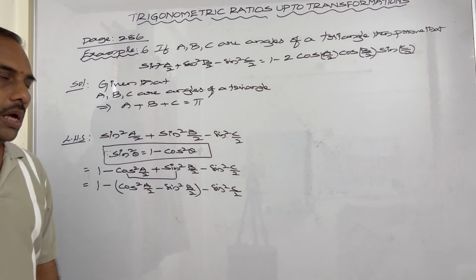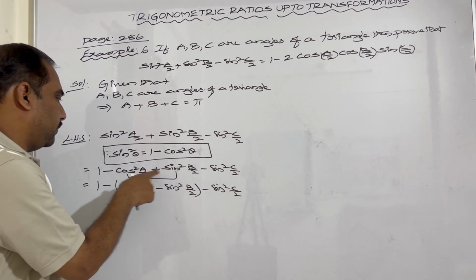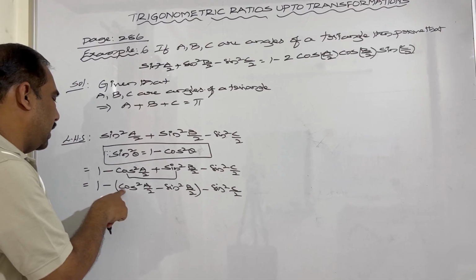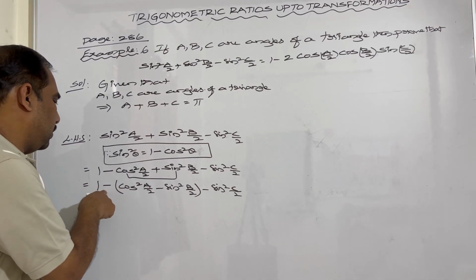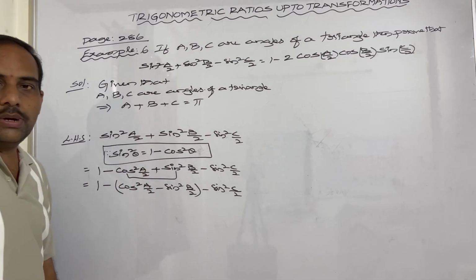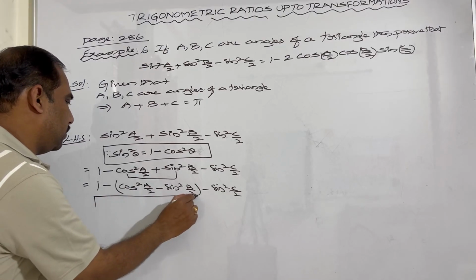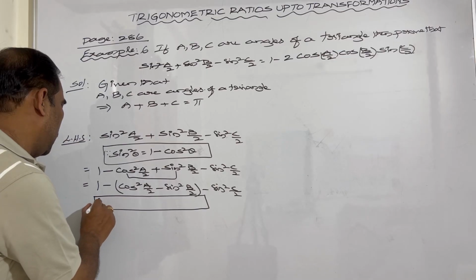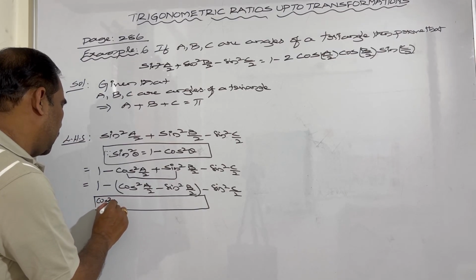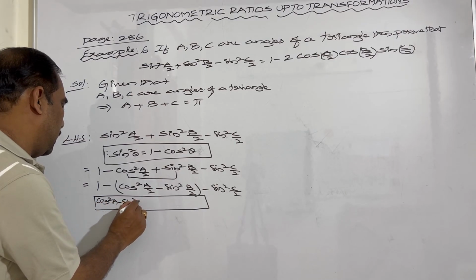See, observe here, when you take the minus common, this is minus cos square A by 2 and minus into minus is plus, that remains the same, which is cos square A by 2 minus sin square B by 2.